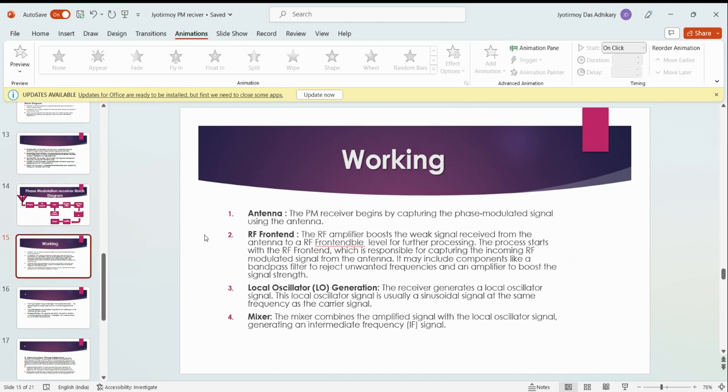Working. How does it work? Working principle.